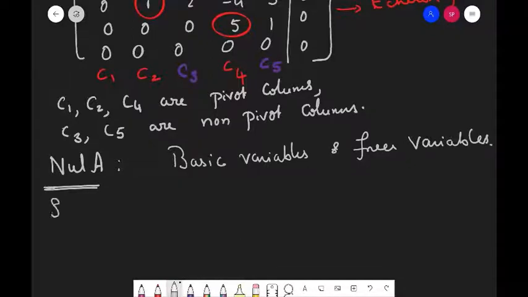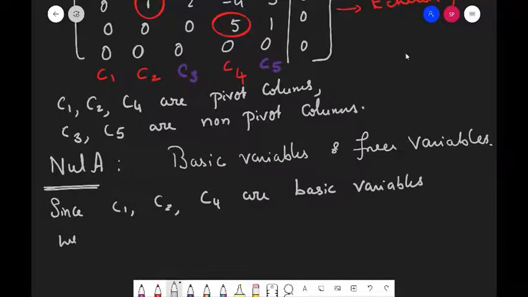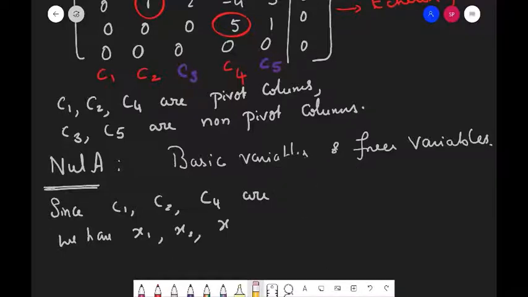Since C1, C2, C4 are the pivot columns, x1, x2, x4 are basic variables.